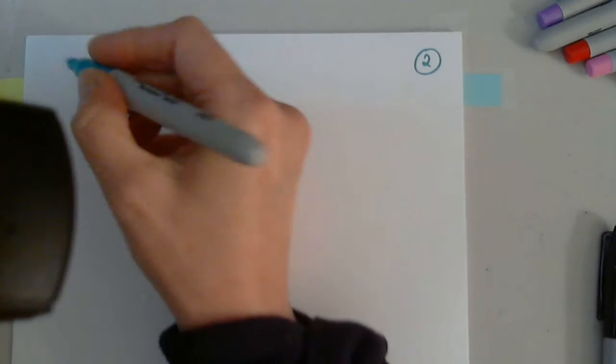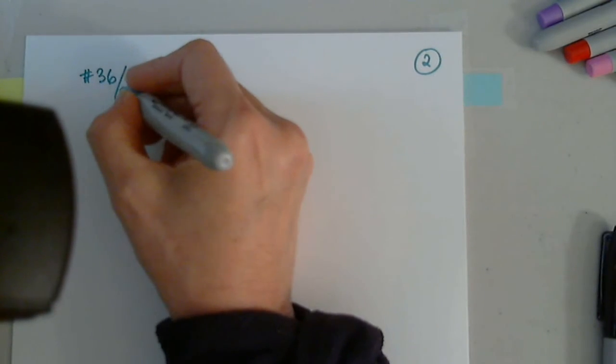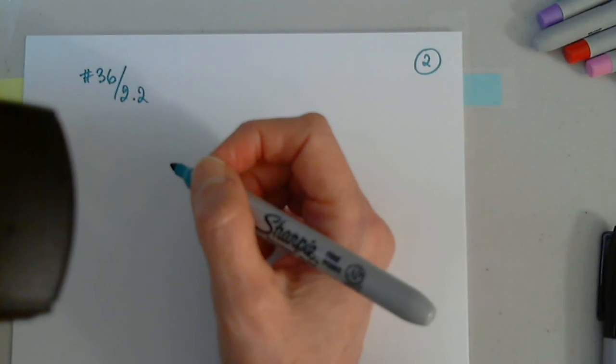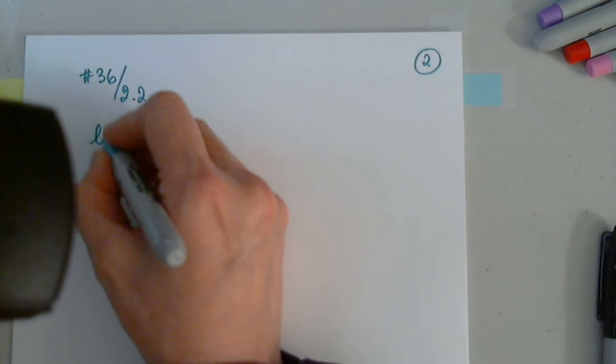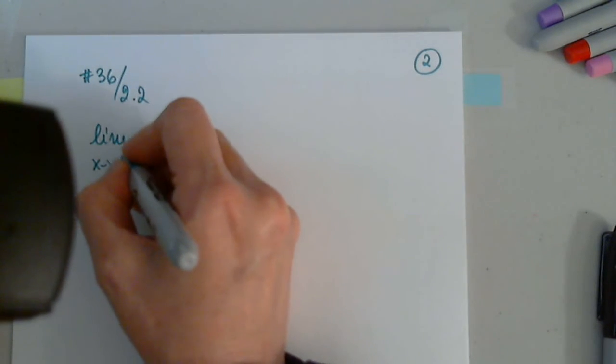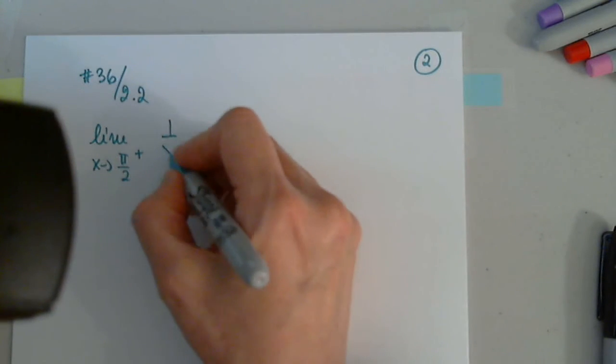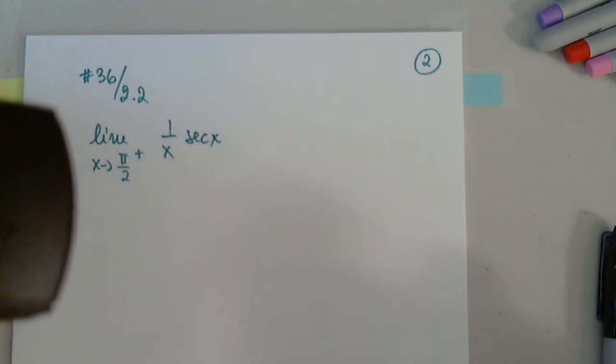Okay, so 36, and this is still in 2.2. Oh yeah, I changed this and I didn't copy. Okay, here it is. The limit as x approaches pi over 2 from the right of 1 over x secant x. As we said, what do we need to do first?